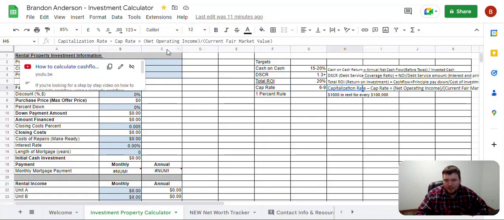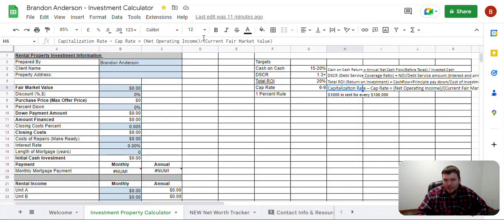It's simply your net operating income divided by the current fair market value. We already saw earlier how you get your NOI, and you just divide it by the current fair market value. So you can compare one over here on Main Street to 3rd Street.